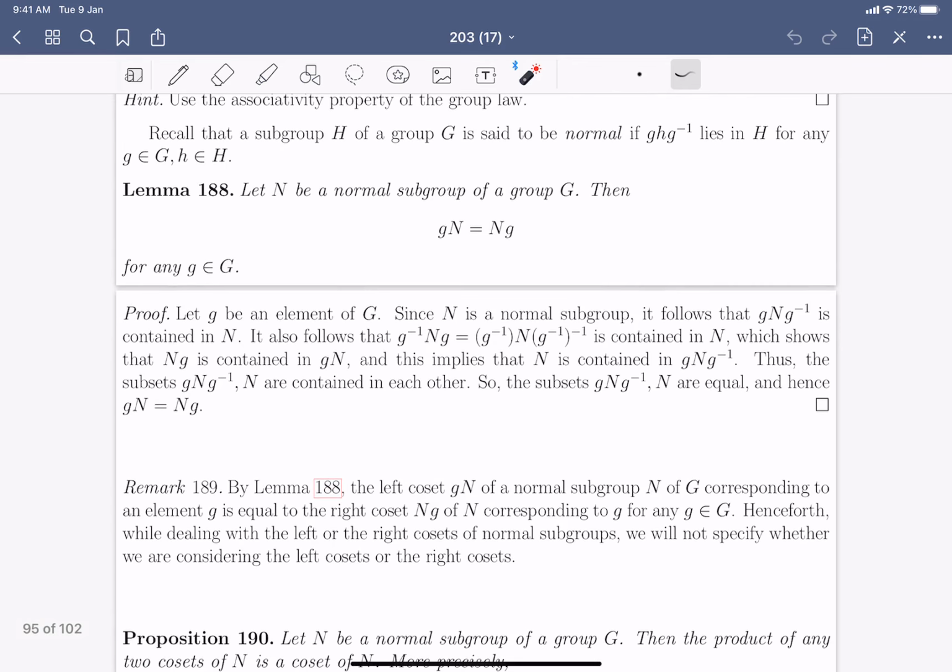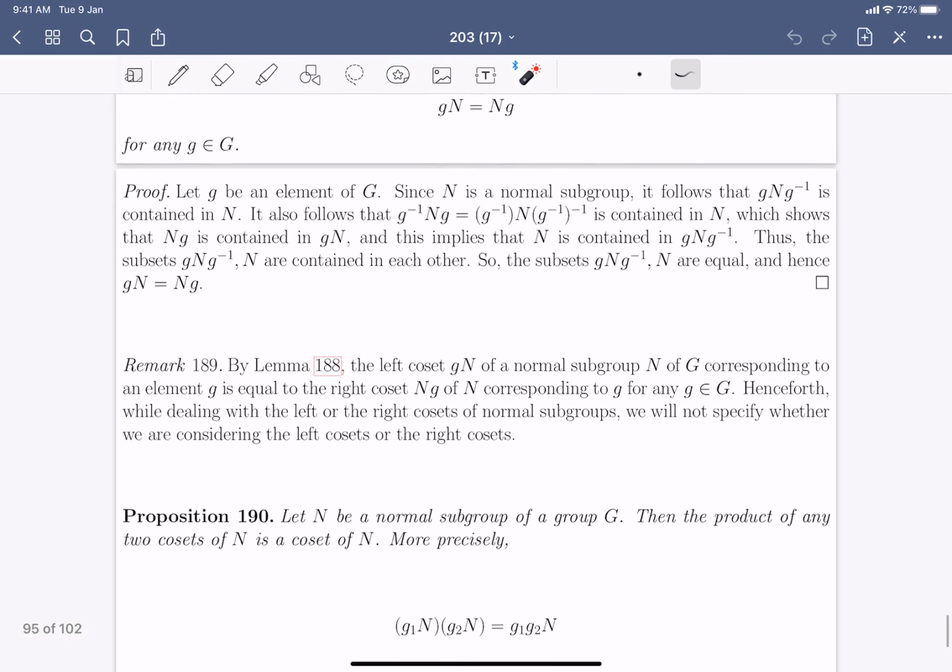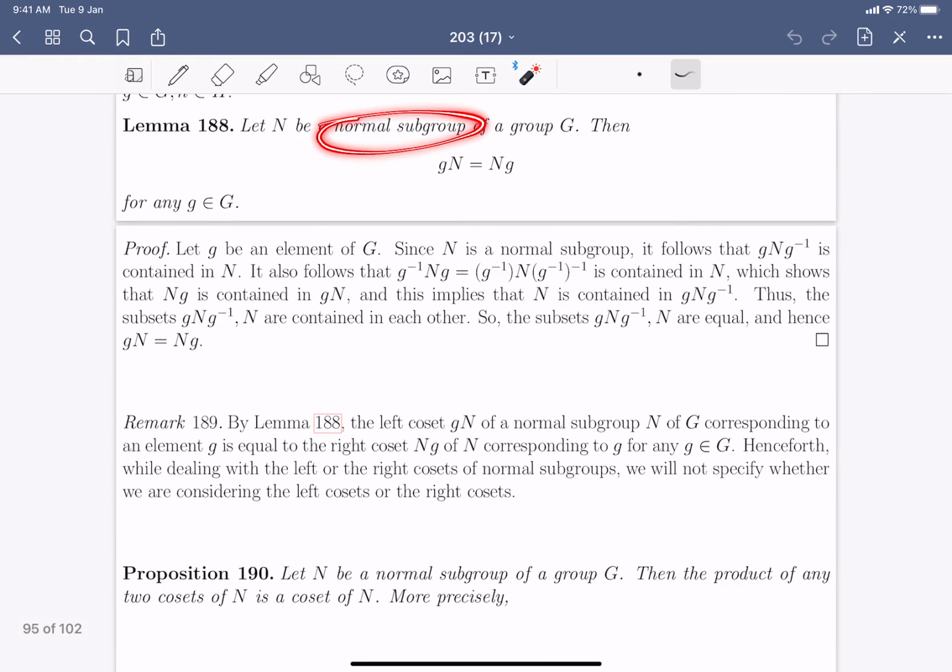An important remark in this context is that while dealing with normal subgroups, we can safely avoid mentioning whether we are dealing with left cosets or right cosets, because there is no room for confusion while dealing with normal subgroups only.